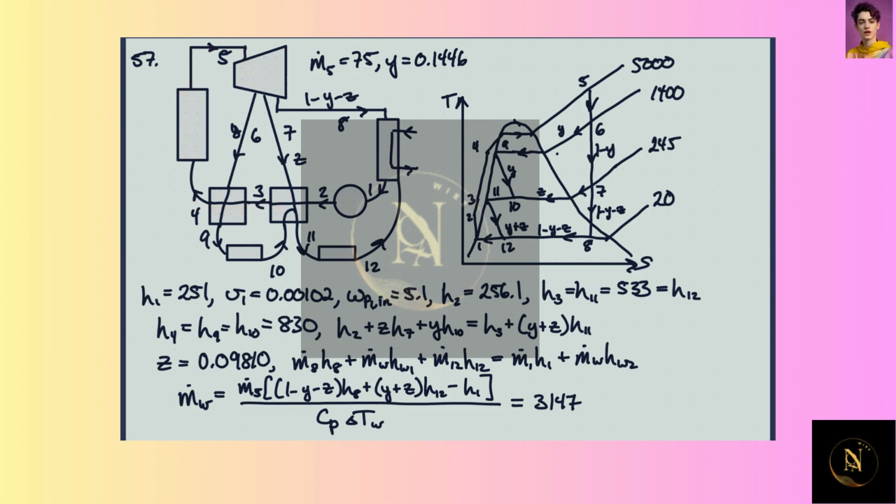And then everything gets recombined back in here. These combine here, so we have Y plus Z going in here, and 1 minus Y minus Z coming here, so we have 1 coming out here.